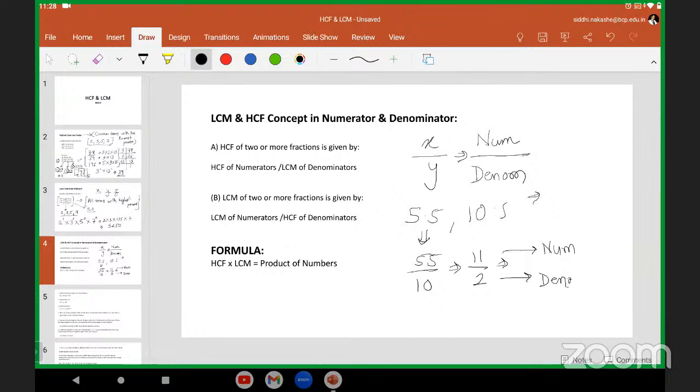Now please note down these two formulas. HCF of two or more fractions is HCF of numerators upon LCM of denominators. So whenever HCF is asked, the numerators are taken as HCF and the denominators as LCM, and vice versa for LCM. And also note down this formula.